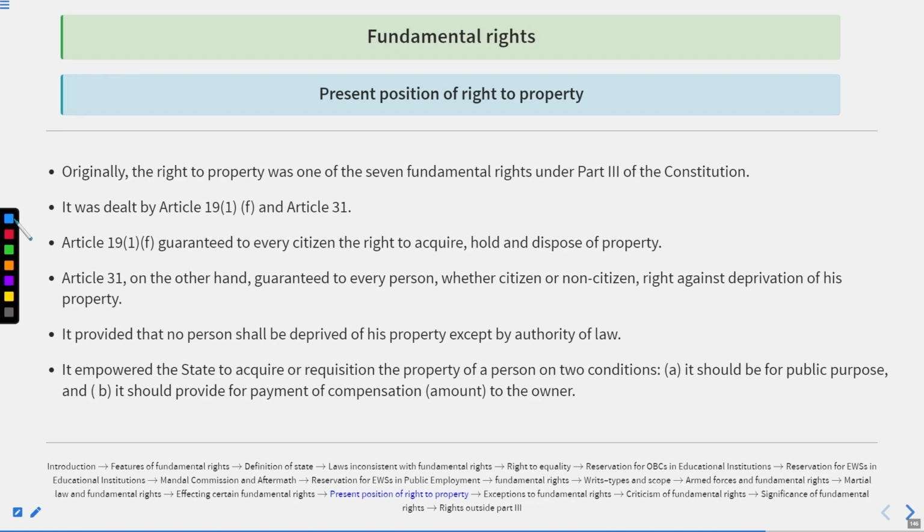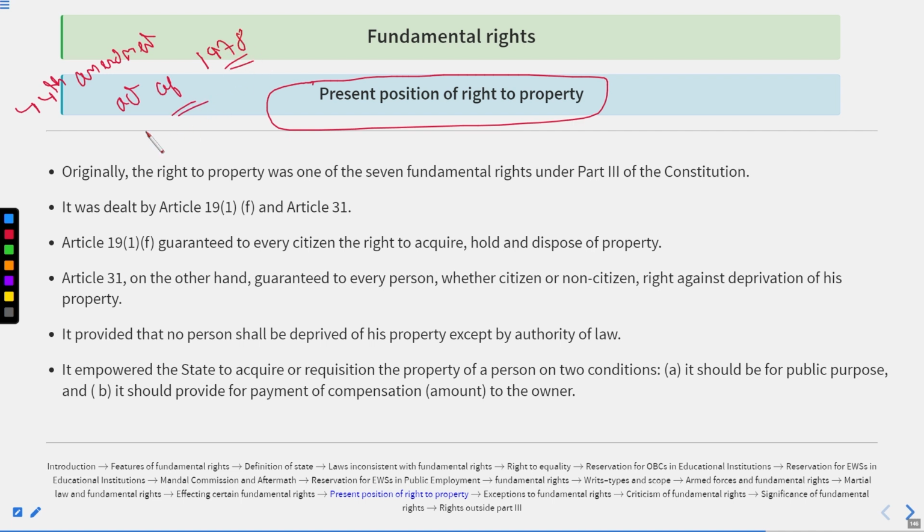Thereafter, if we talk about the present position of right to property, because we know that the right to property was a fundamental right until it was removed by the 44th Amendment Act of 1978.